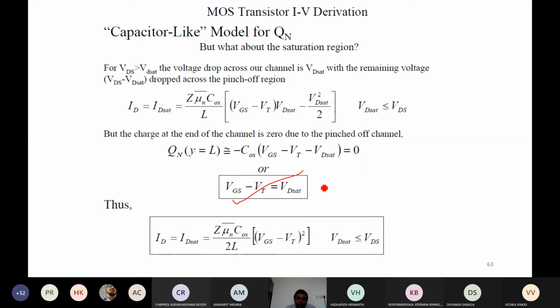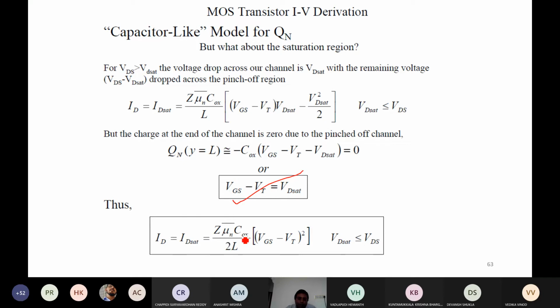This relation decides the point at which the current will saturate. So now VD set is replaced by this VGS minus VT relation. Here VGS minus VT whole square, and here VGS minus VT whole square also. Further solving, 2 is multiplied here, then one is subtracted, and 2 becomes the denominator for all the terms.